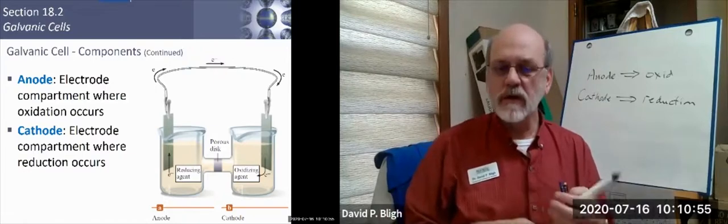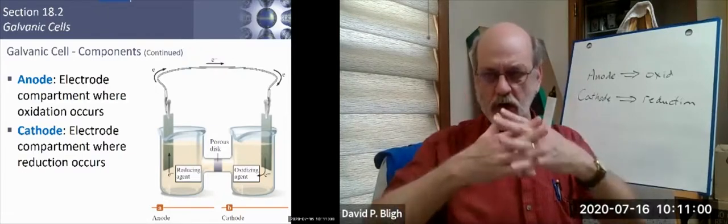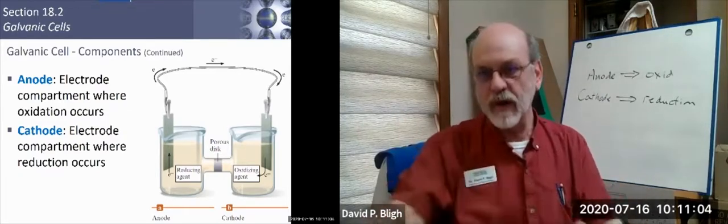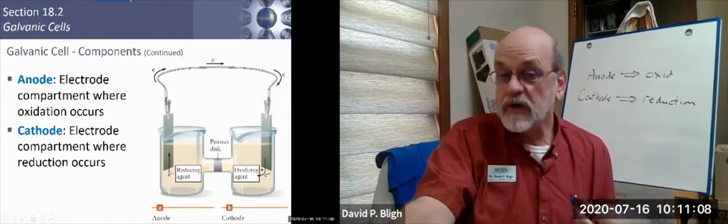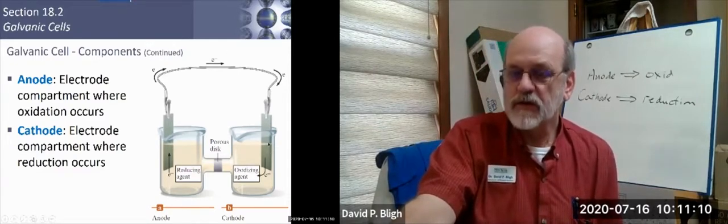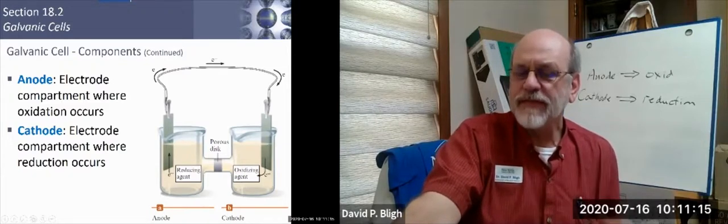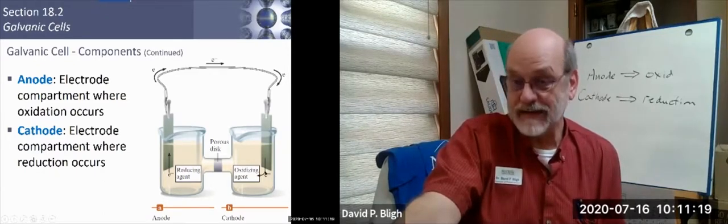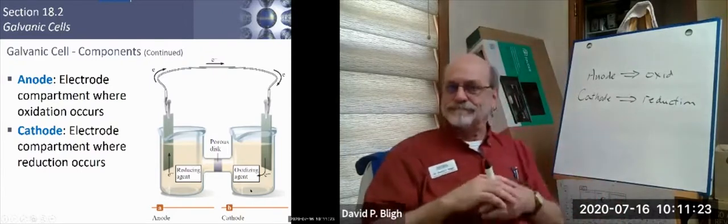And then, of course, just like oxidation and reduction occur in pairs, anodes and cathodes are in pairs. So those electrons go over to the other side where reduction occurs. Those electrons are added to something on the cathode side, and they're consumed as a reactant. Okay?